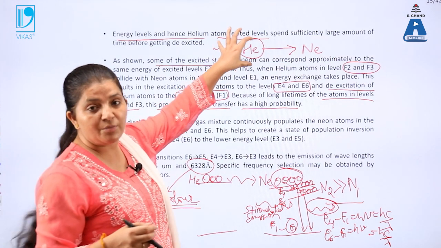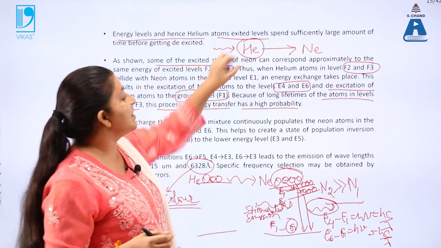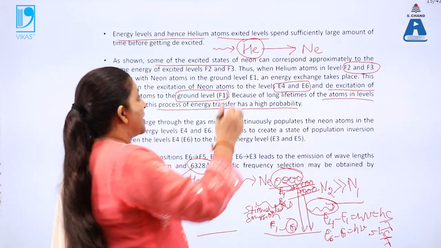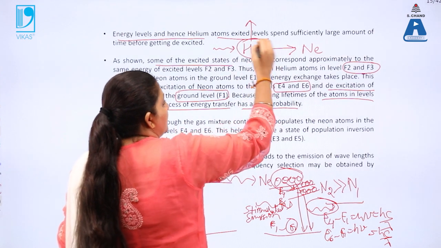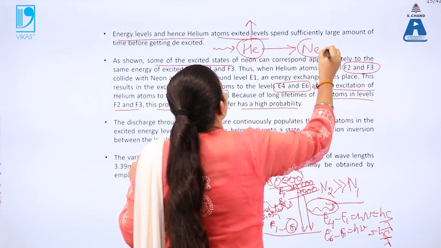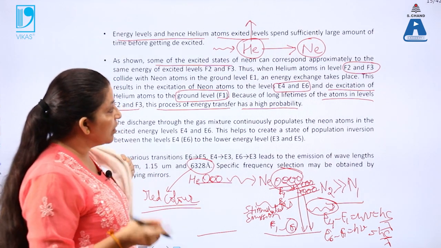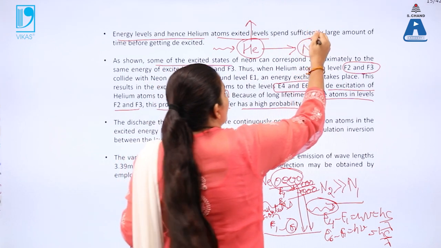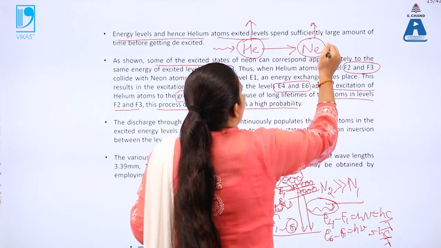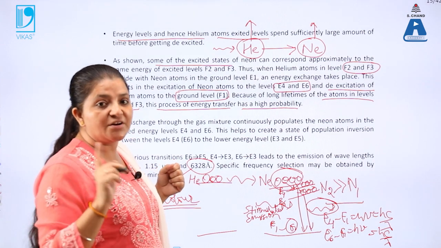When we take only neon atoms, again there will be no laser light, although metastable states are present for neon, because the neon atoms do not take responsibility for the stimulated absorption.